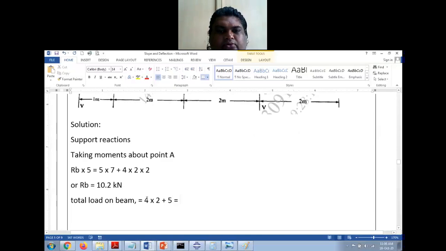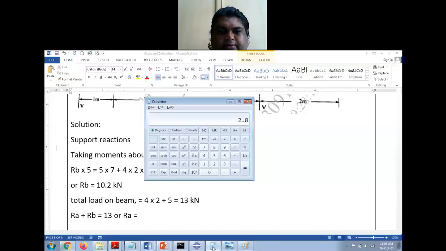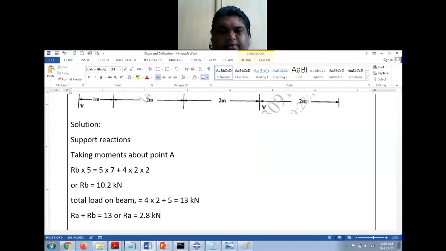So this will be 4 twos are 8, 8 plus 5, so that will be 13 kilonewton. Now RA plus RB should be equal to 13, or RA is equal to 13 minus 10.2, is 2.8. Okay, I got the support reactions.